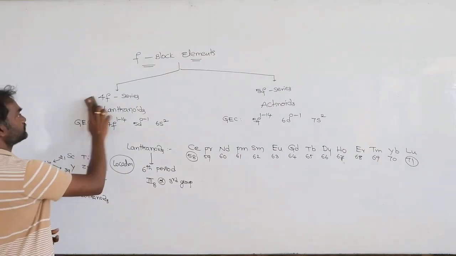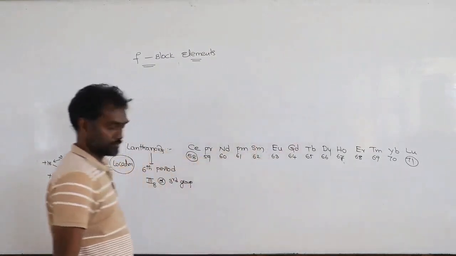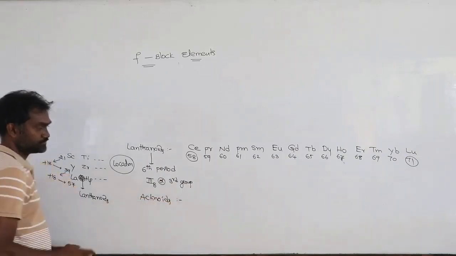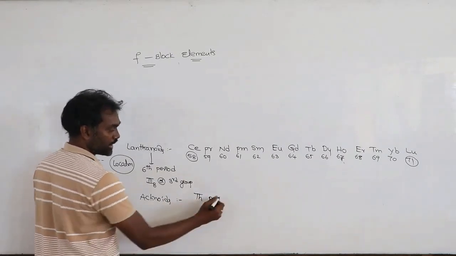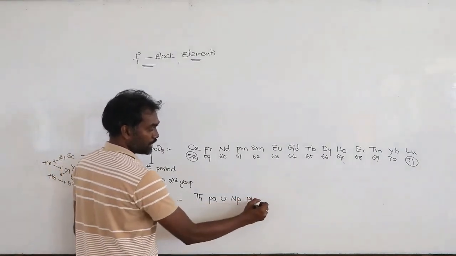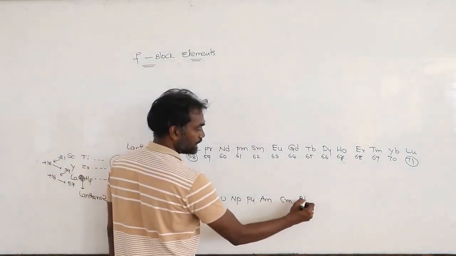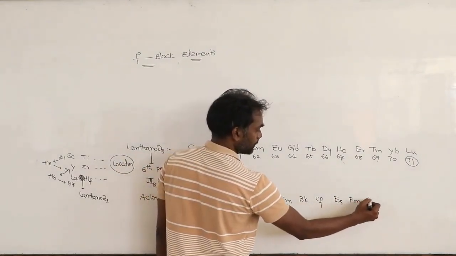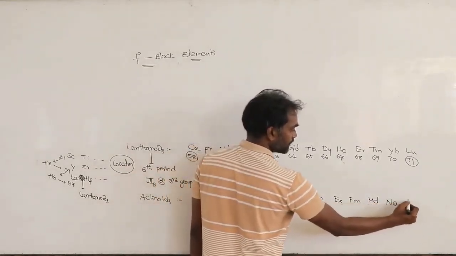Next, the actinoids, or actinides. Thorium, protactinium, uranium, neptunium, plutonium, americium, curium, berkelium, californium, einsteinium, fermium, mendelevium, nobelium, lawrencium.